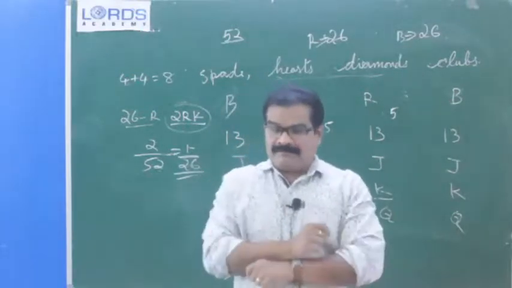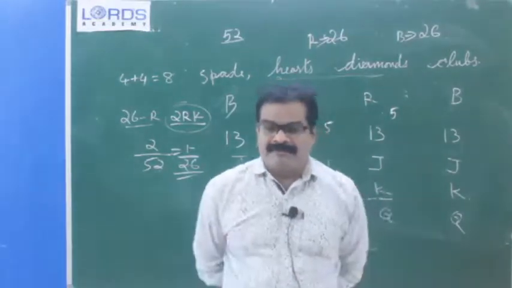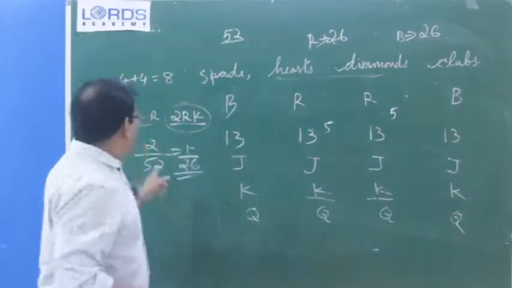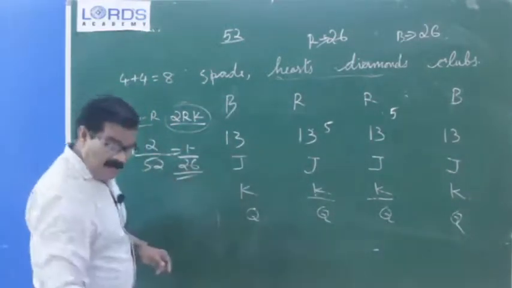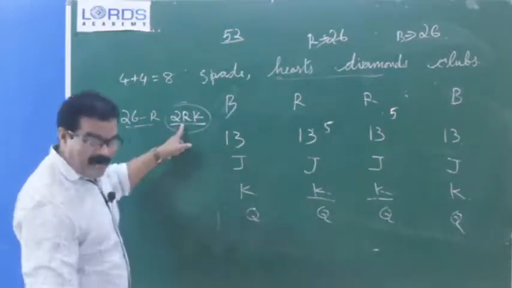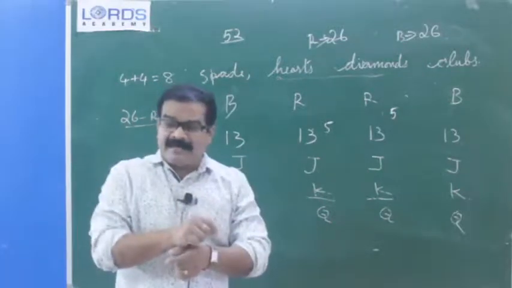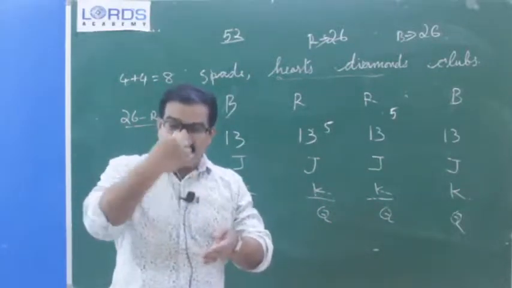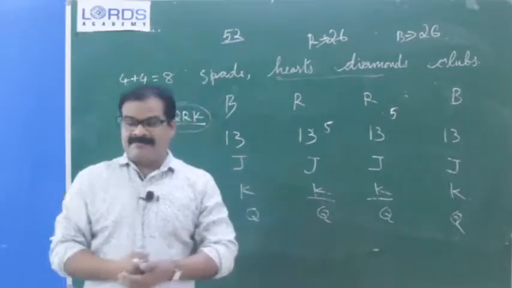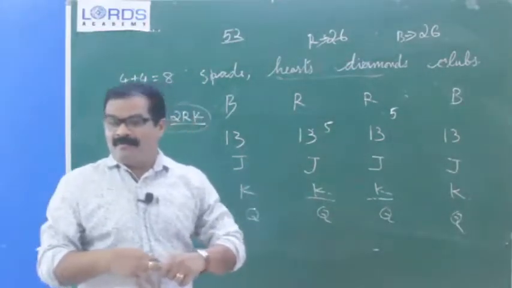These two together. Then what will be the favorable case in this case? Please tell me. Here you can see that 26 red cards, 2 red kings. You have to consider 26 red cards and also 2 kings. Then what will be the favorable case?